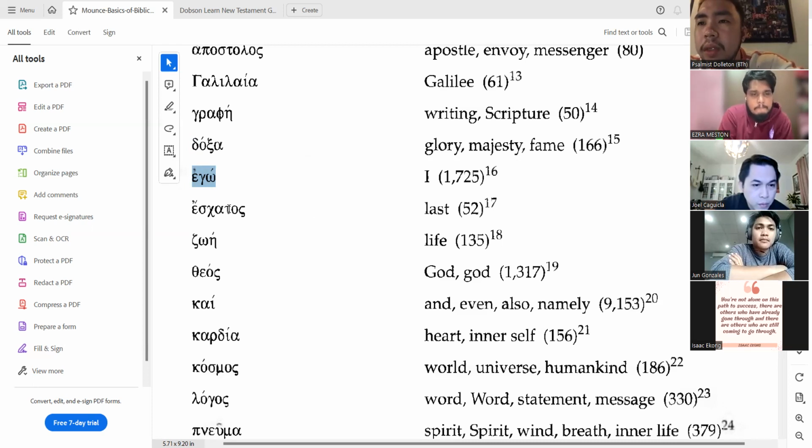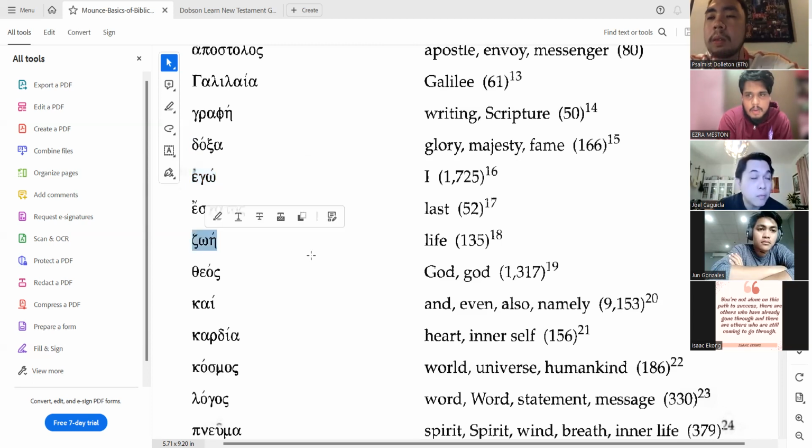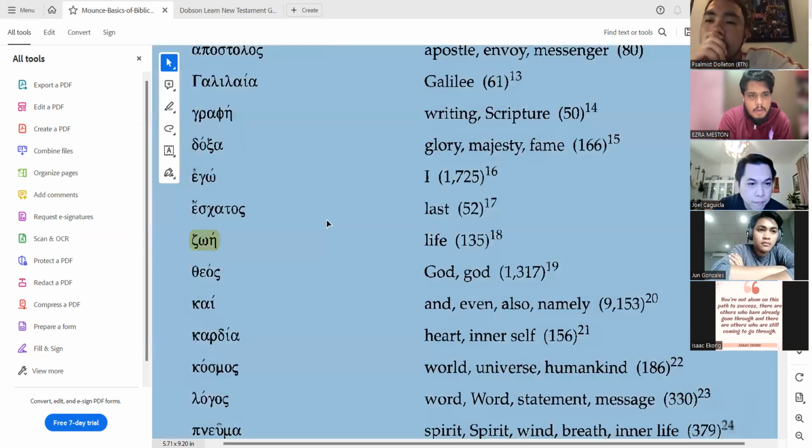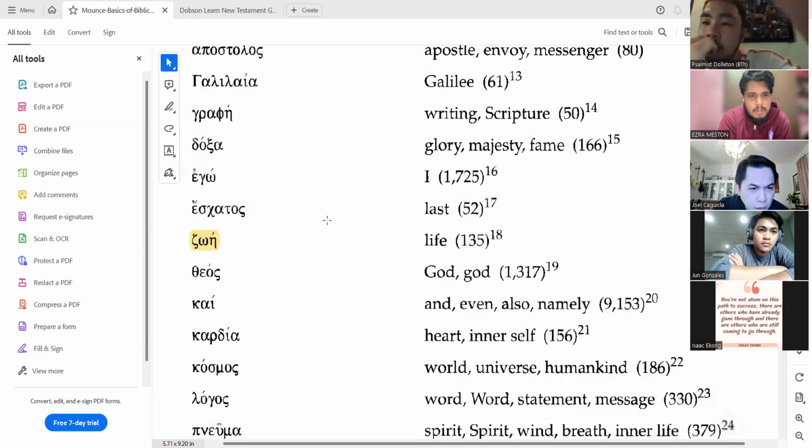Pastor Isaac, but I think this is not easy. You read this one. So what letter is this? Alpha, beta, gamma, delta, epsilon, zeta.